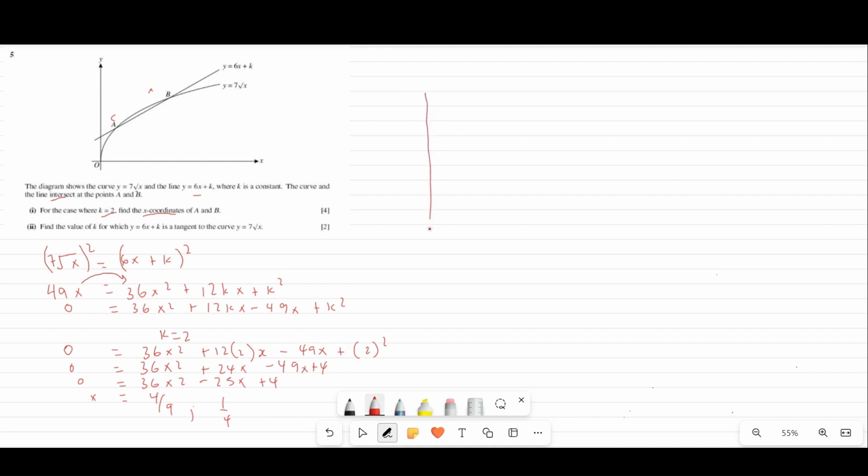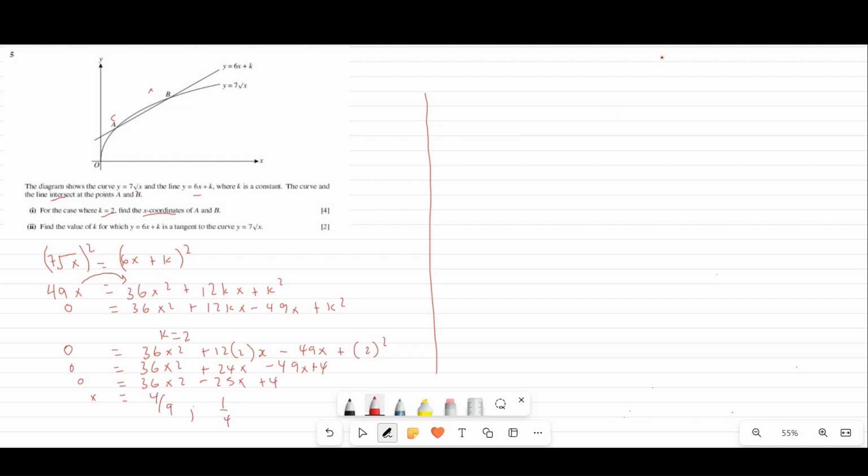Now let's do the second part. The second part says find the value of k for which y equals 6x plus k is a tangent to the curve y equals 7 root of x.